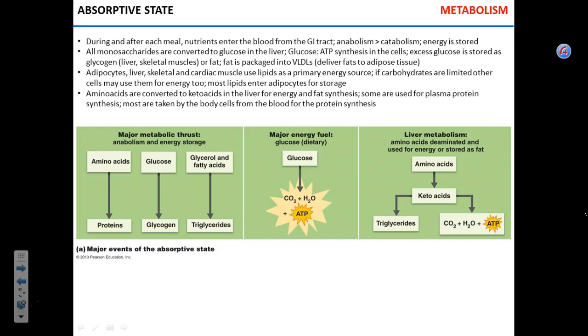You absorb amino acids, glucose, glycerol and fatty acids. That's what you get as the nutrients. Absorption increases. You have a lot of glucose, amino acids, fatty acids and glycerol in the blood. You have to use them. So anabolism, synthesis, will dominate. Am I clear?